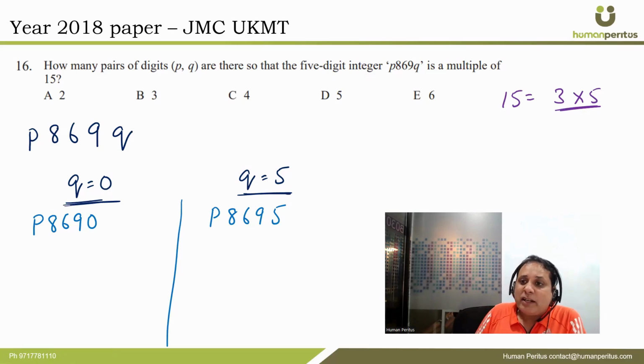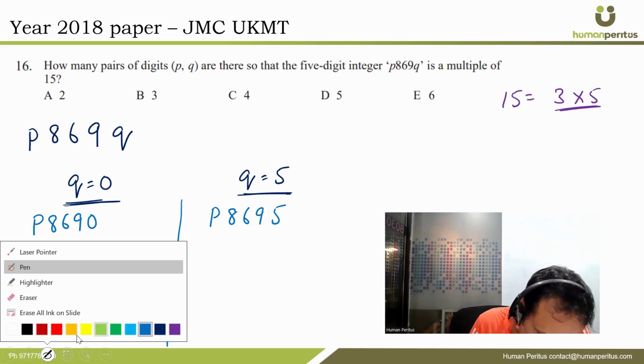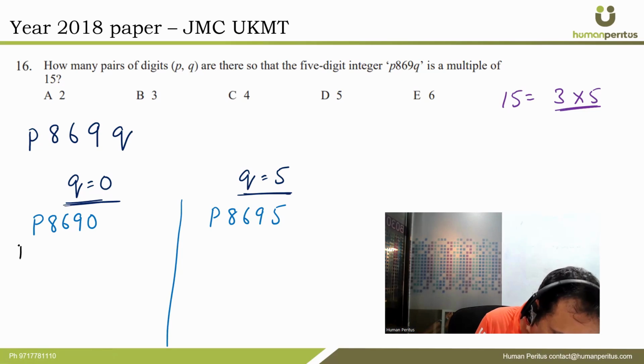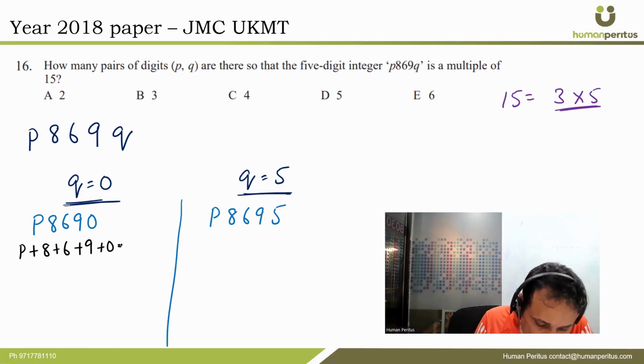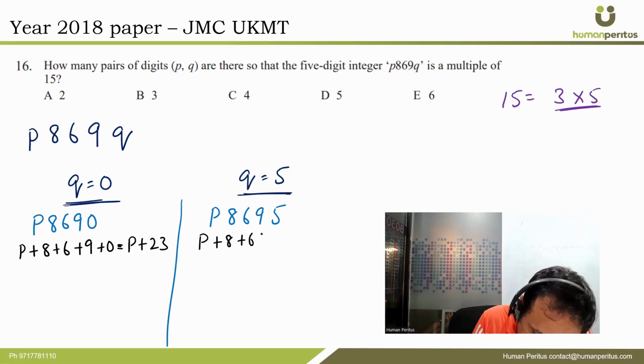Now this number is divisible by 5, but we also have to make it divisible by 3. So I need the sum of digits to be divisible by 3. The sum of digits will be P plus 8 plus 6 plus 9 plus 0, which is P plus 23. In the other case, P plus 8 plus 6 plus 9 plus 5, which is P plus 28.